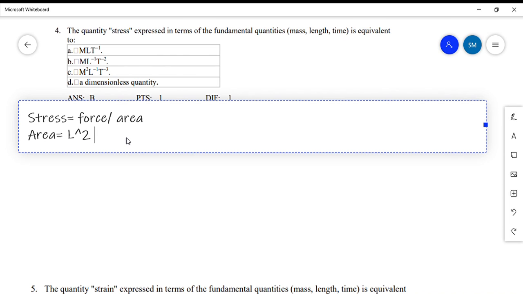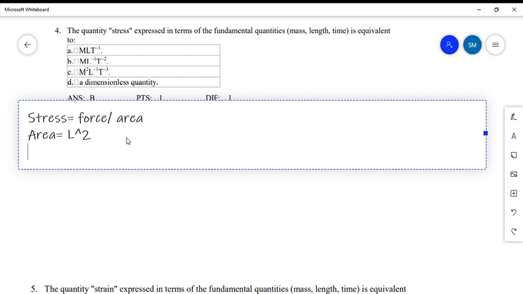Width is also a length. We can express the width by L and the length by L. So it's simply L square. The area of a triangle is half base times height. Base is a length and height is a length. So in all cases you will find yourself multiplying a length by a length. So the dimensional formula for the area is L square. It's very clear.